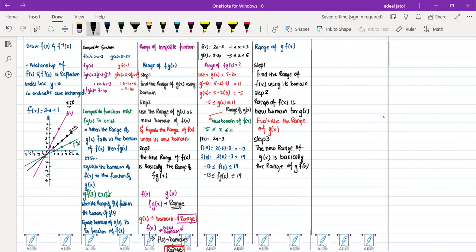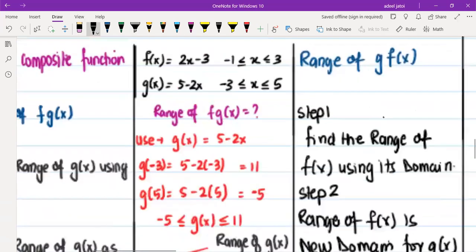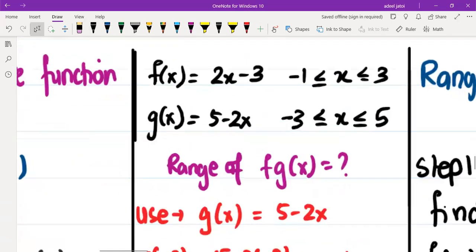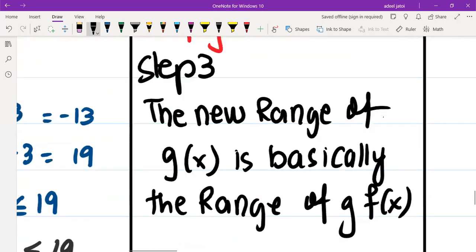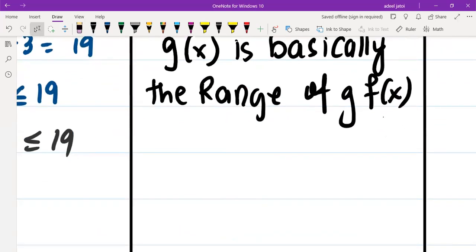So considering the same question as we did, f(x) is equal to 2x minus 3. Domain was x greater than or equal to minus 1 and less than or equal to 3. So since we need to find g(f(x)), we need to substitute the domain of f(x) in f(x). So let's do this.